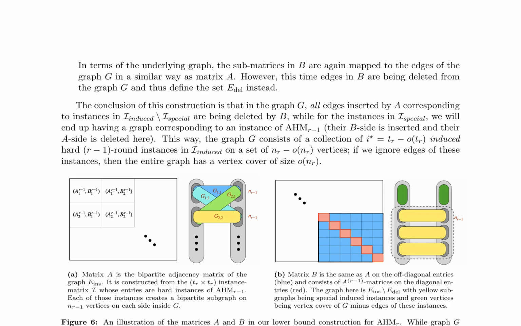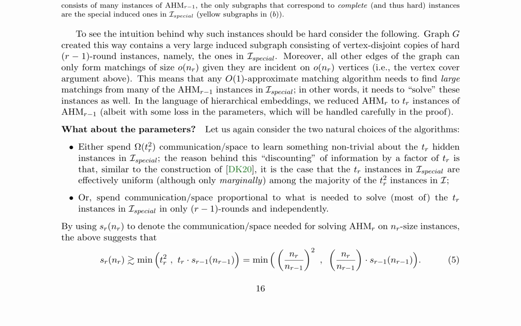Any O(1) approximate matching algorithm needs to find large matchings from many of these instances, effectively solving them. The authors also analyze the parameters of the construction, showing that the communication space needed to solve the instance is at least min(T_R^2, T_R S_{R-1}, N_{R-1}), where S_R(N_R) denotes the communication space needed for solving AHM_R on N_R size instances.